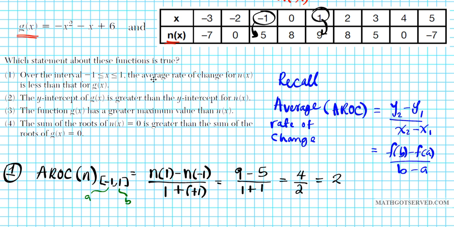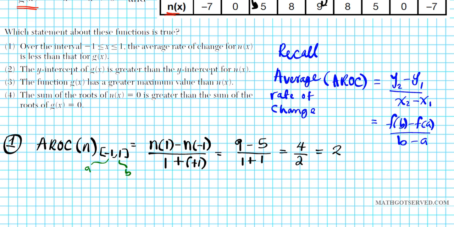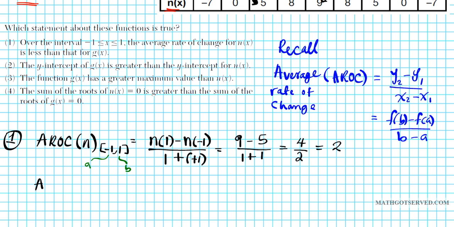So the average rate of change for the quadratic n of x from -1 to 1 is 2. Now let's compare that with the average rate of change of the quadratic g on the same interval from -1 to 1. Do you see how this is going to change? Instead of n's, you're going to have g's here. So you're going to have g of 1 minus g of -1.